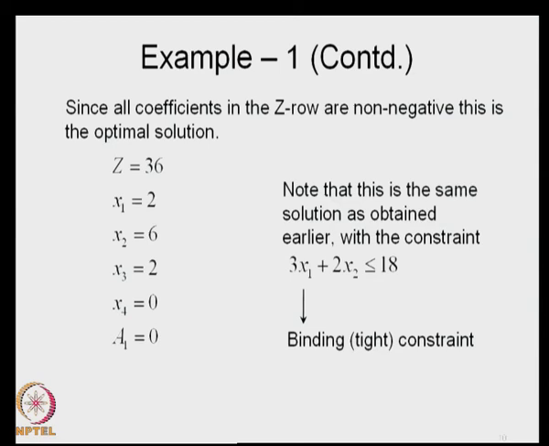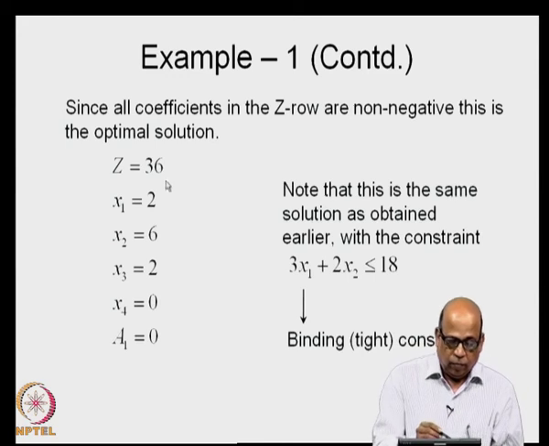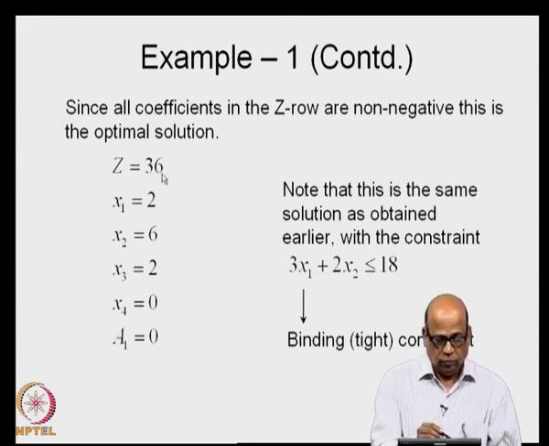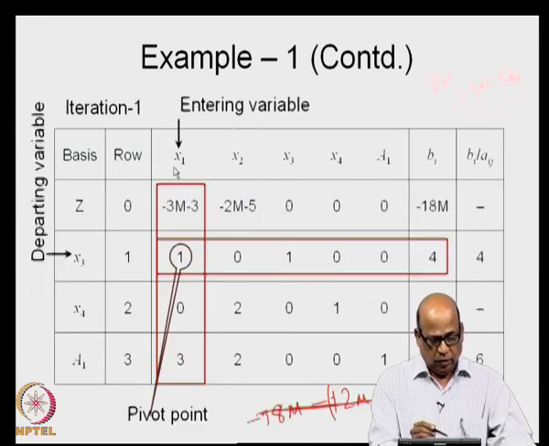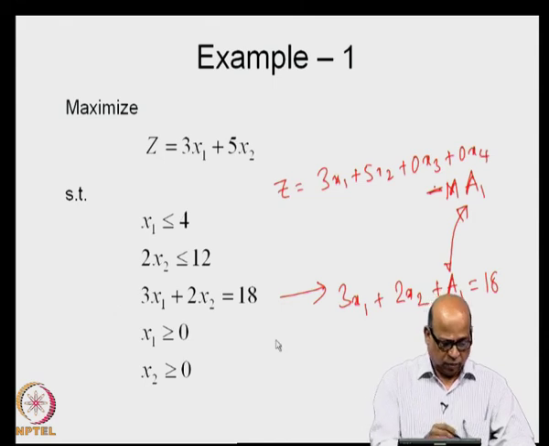Let us say we are looking at this particular problem, z is equal to 36, and you got the solution x 1 is equal to 2, x 2 is equal to 6, x 3 is equal to 2, and so on. This is the optimal objective function value that you got, corresponding to the set of constraints. So, these were the sets of constraints.